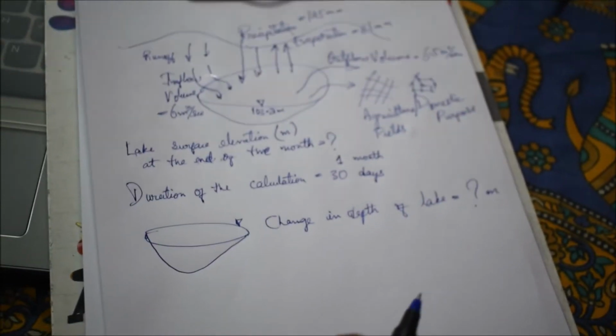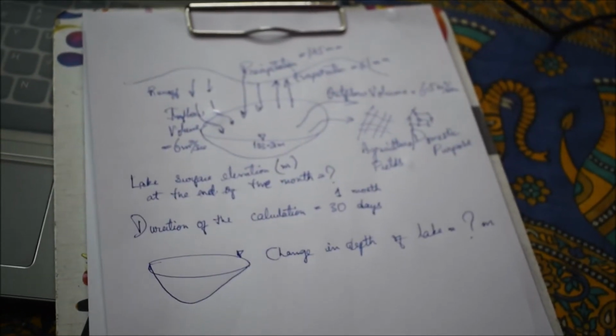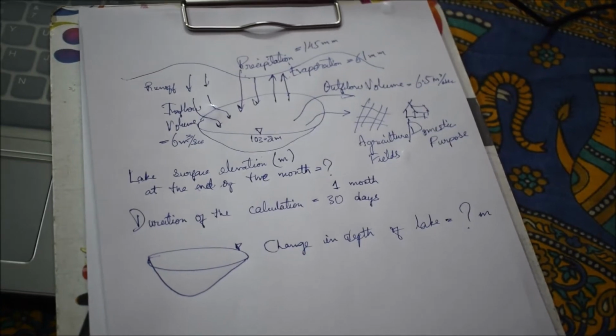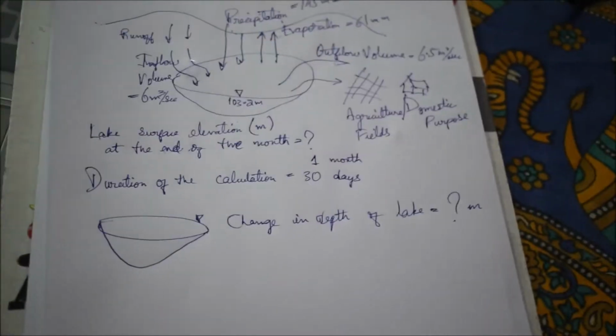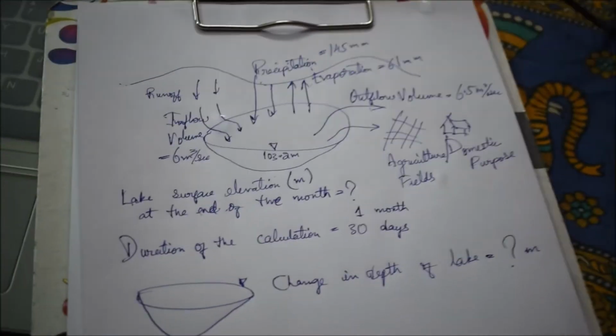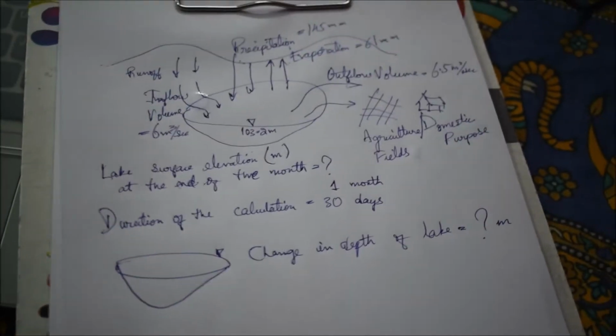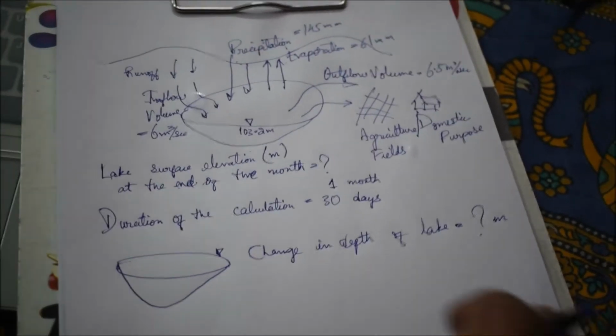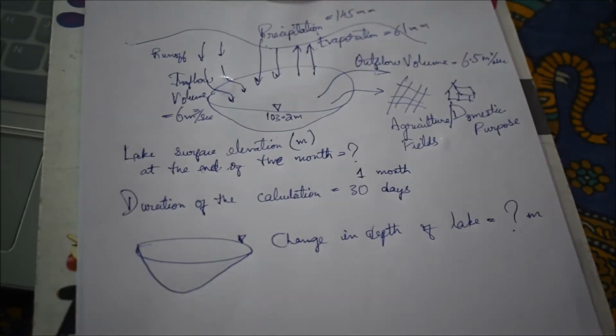Correct, no? So basically what we are supposed to do is put up a water budget equation first. So water budget equation for this condition, which says that we have to calculate the change in depth of the lake. So in that sense, we have to analyze and look at what will affect the change in depth of the lake.